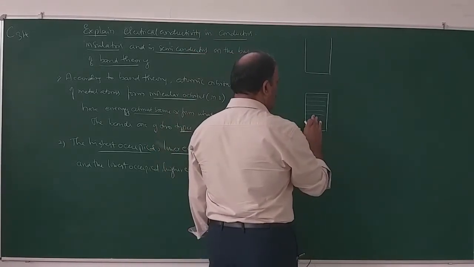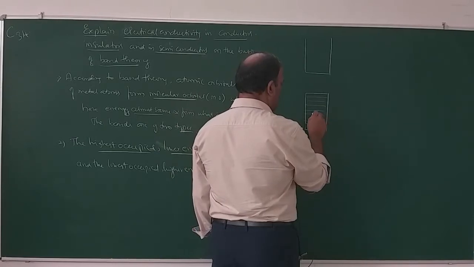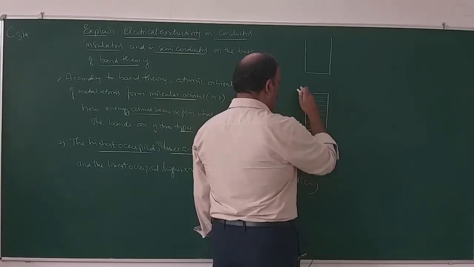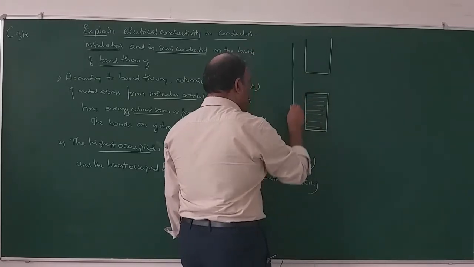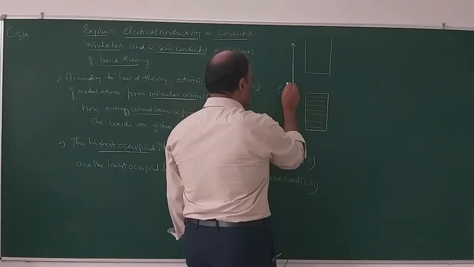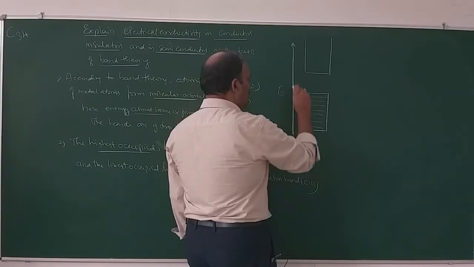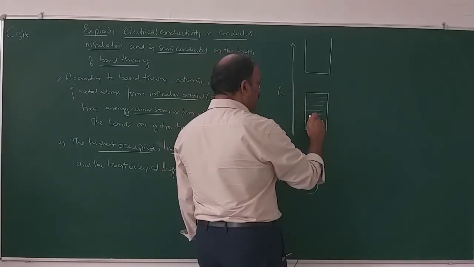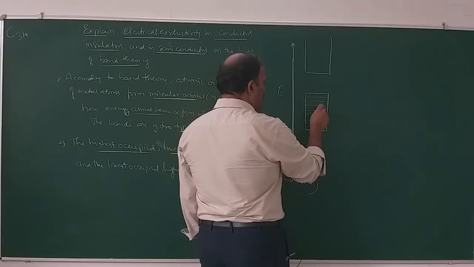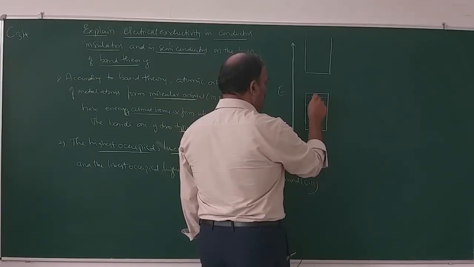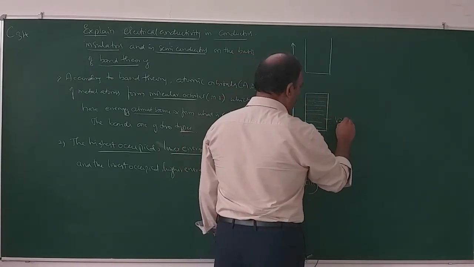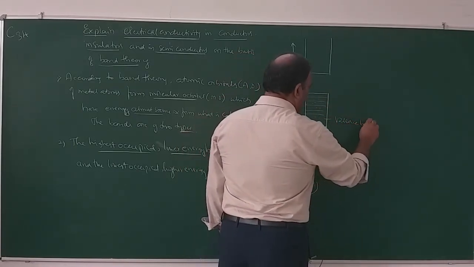The highest occupied, where the maximum number of electrons are present, lower energy band is called valence band.